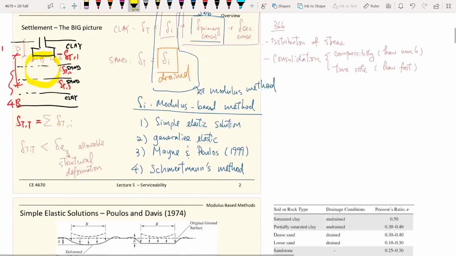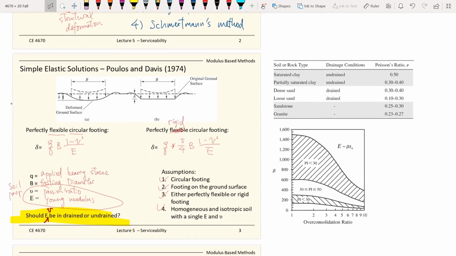Be very careful because even simple parameters like the Poisson ratio have both drained and undrained cases. So for clay, we only put the undrained value because under the immediate settlement conditions, clay is undrained.